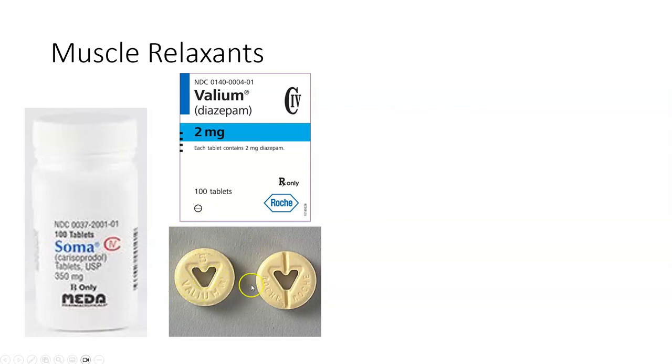It's just going to be a scored tablet. But Valium, when we talk about benzodiazepines, has a lot of purposes. This is the only benzodiazepine that has muscle relaxant properties. So again, if somebody's maybe in a car accident and they have a back sprain, they might be taking Valium.